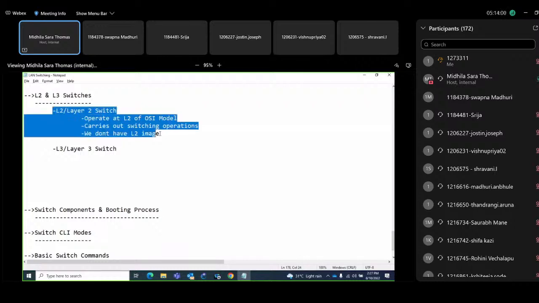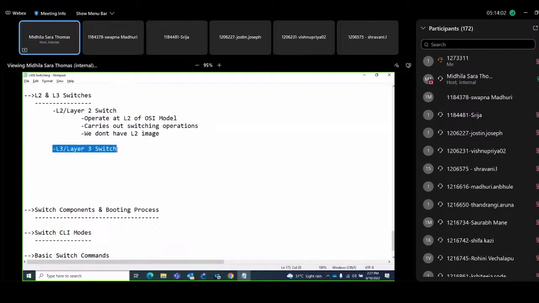Even though we have two types of switches, Layer 2 and Layer 3, where Layer 2 does the switching operations I told you about, the problem is we don't have the L2 Cisco image with us in Infi. That's why we are going to use Layer 3, which operates at Layer 3 of the OSI model. And you tell me what will be in addition to L2 functionalities.